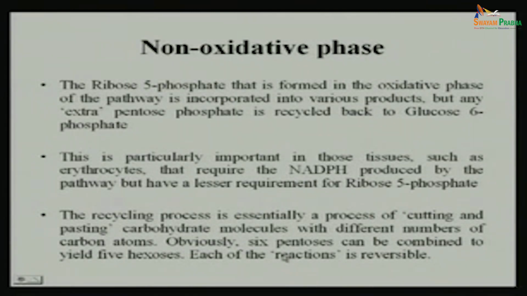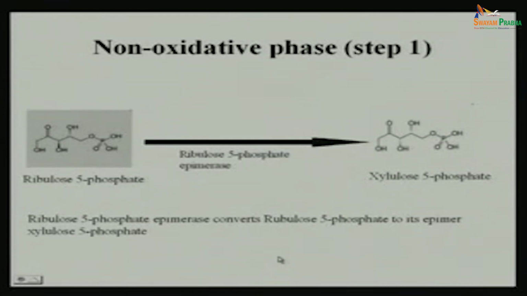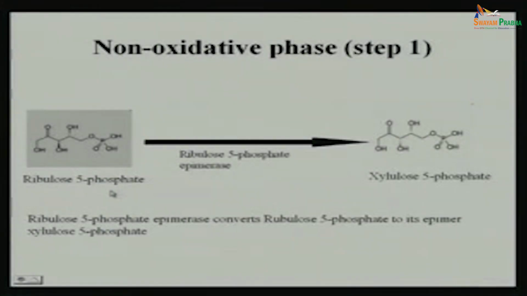Now, when we go to the non-oxidative pathway, step 1 is this ribulose 5-phosphate, which in the presence of the enzyme ribulose 5-phosphate epimerase can be converted to xylulose 5-phosphate.